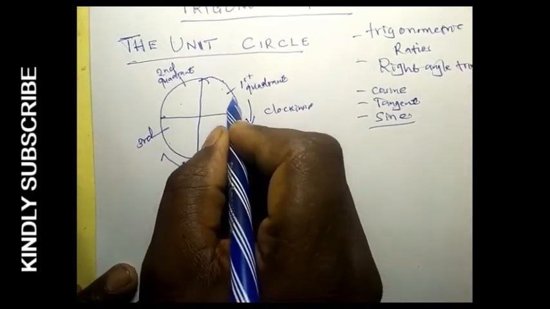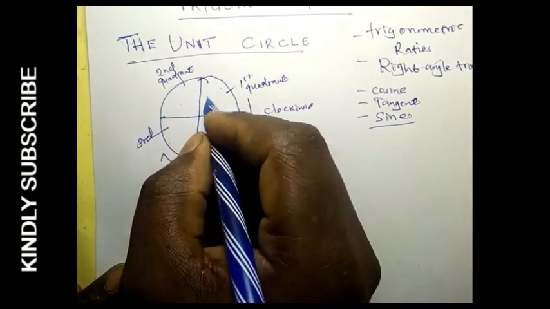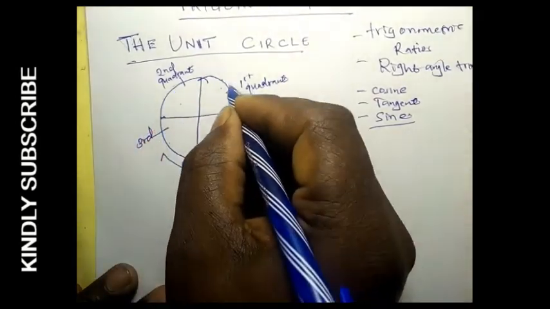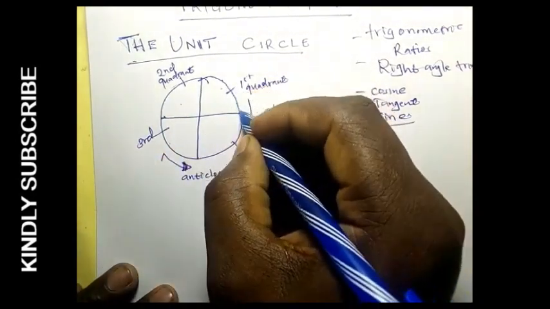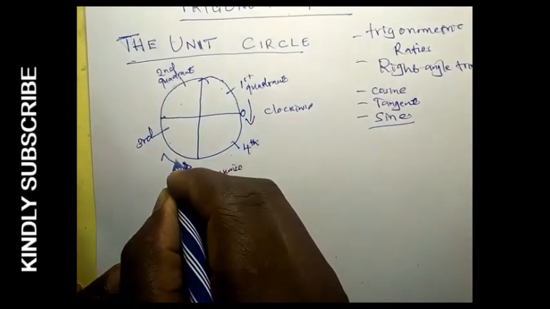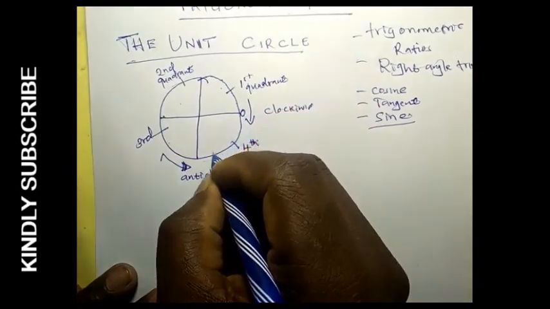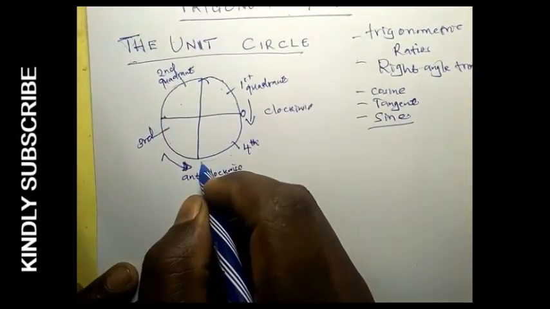Angles read anti-clockwise, all of them are positive. Angles read from this point 0 to this clockwise, they are negative. So clockwise angles are negative, anti-clockwise are positive.